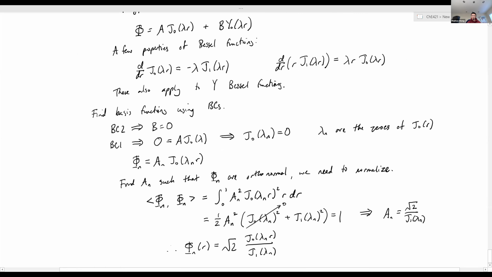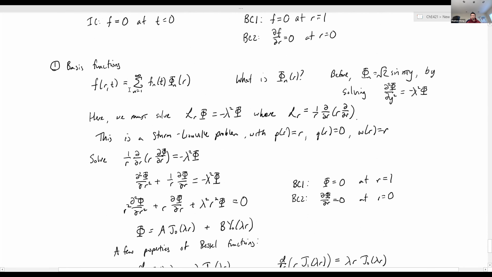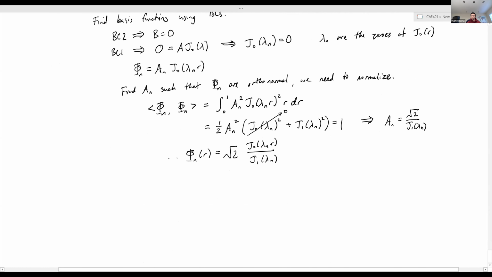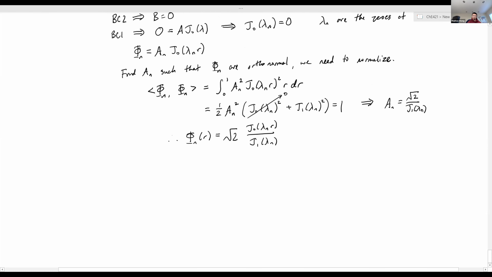So that's step one. Like I said, it's a little more complicated to do step one, but again, we express our solution as a sum of basis functions like this, and it turns out our basis functions now look like this. There's also an inner product, I should remind people.